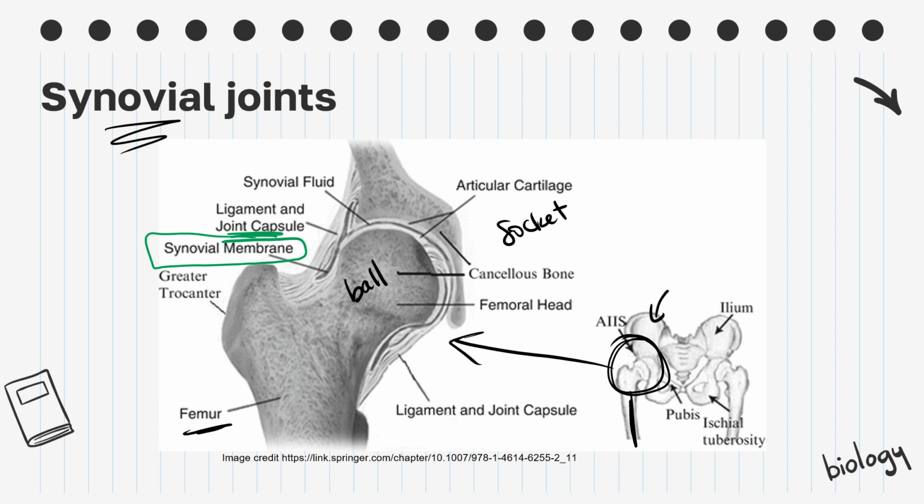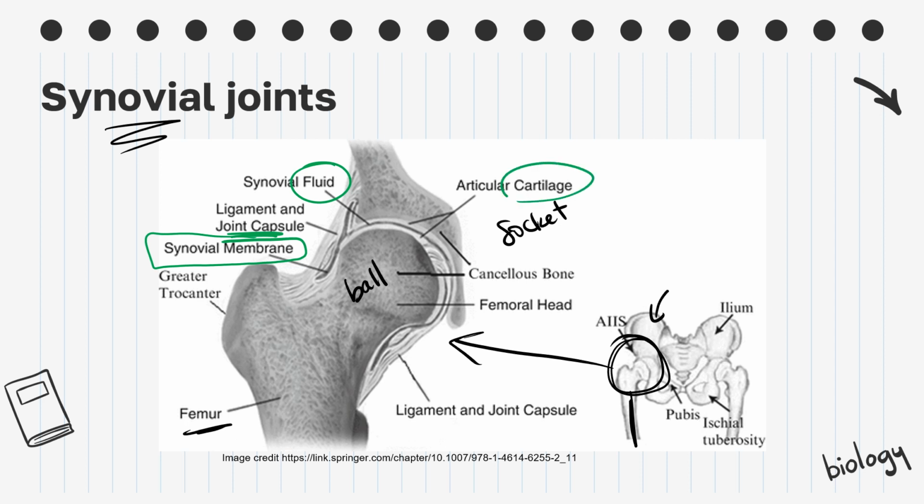So the synovial membrane is going to keep that capsule closed. Inside of that synovial joint capsule, we have some synovial fluid. And that fluid acts like a layer of oil that helps to keep things lubricated so that the bones can slide against each other instead of grind against each other.